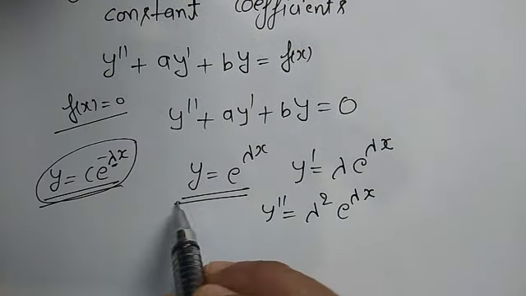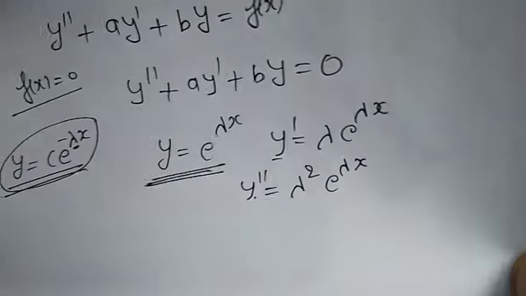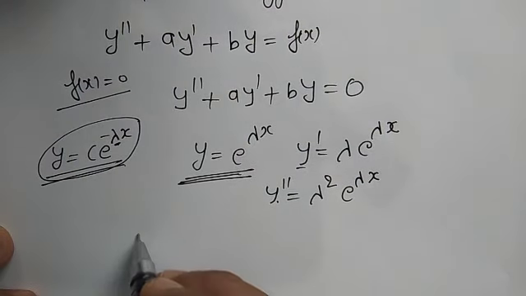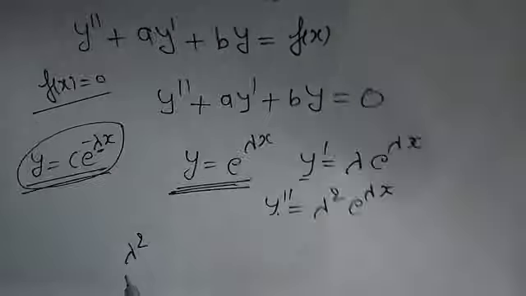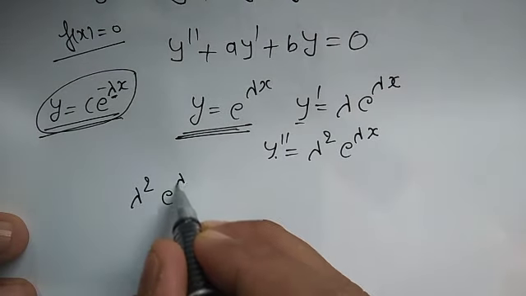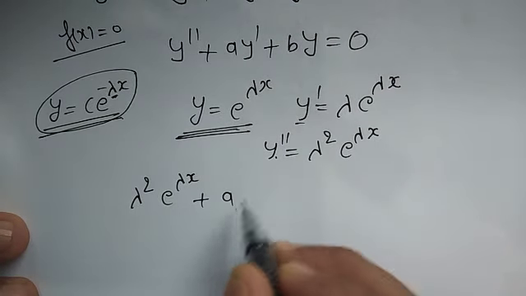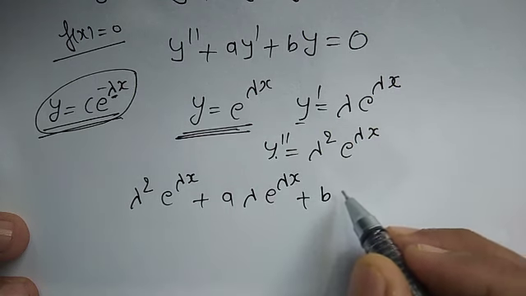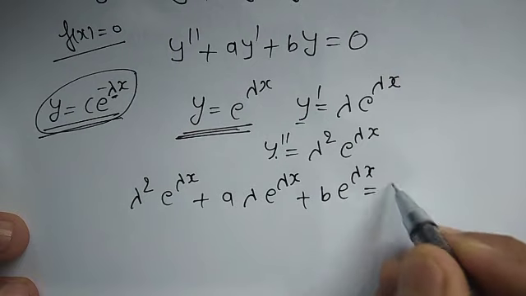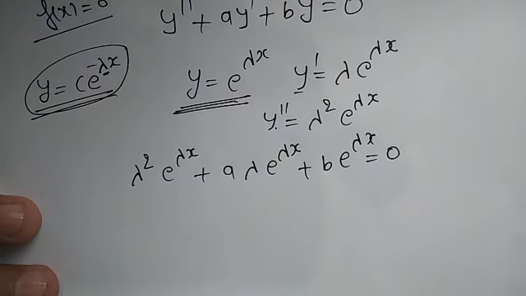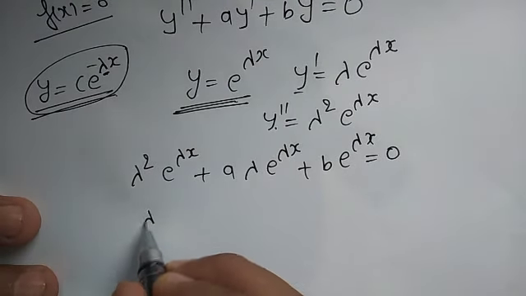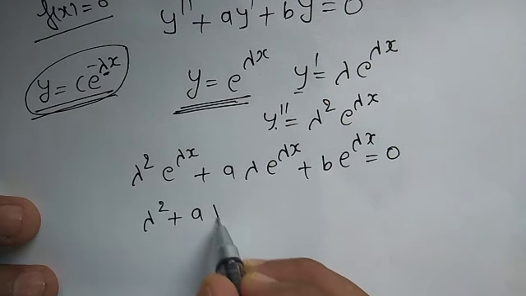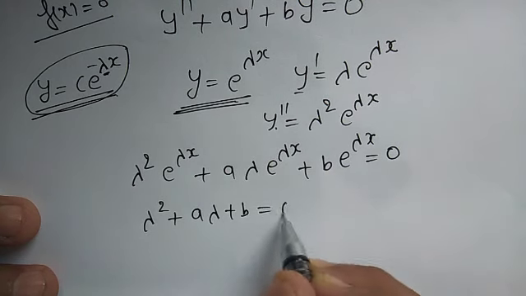Now substitute this y dash, y double dash in the main equation. So we get lambda square e power lambda x plus a lambda e power lambda x plus b e power lambda x equal to 0. The exponential part won't be 0, so we'll have lambda square plus a lambda plus b equal to 0.